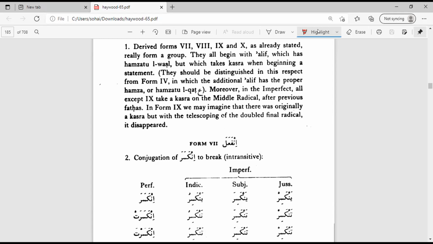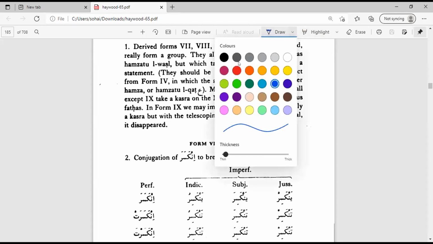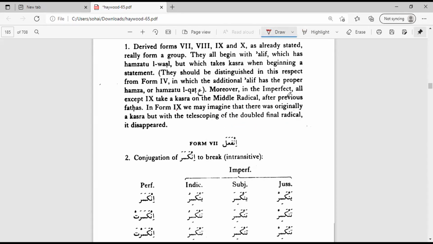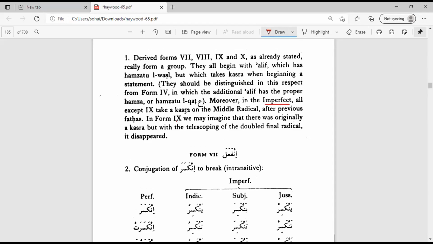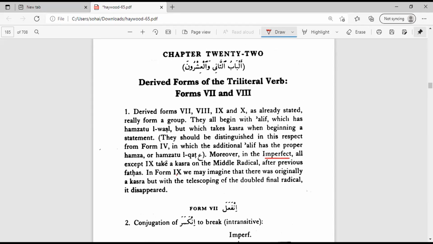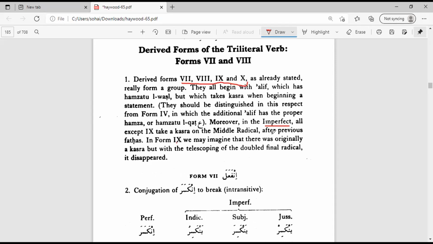So also it mentions that in imperfect, in mudare, all except form 6, 7, 8, 9, and 10 here. Talking about that.